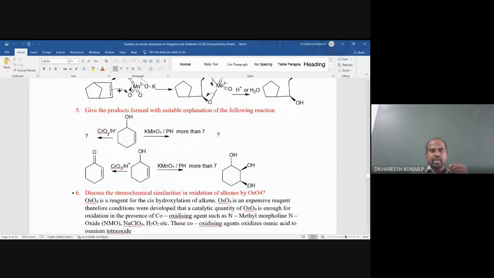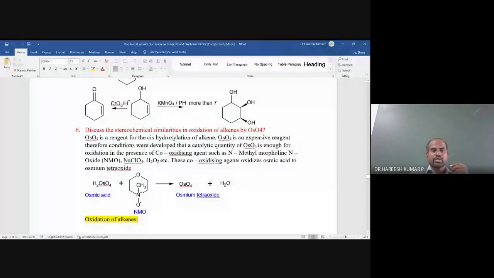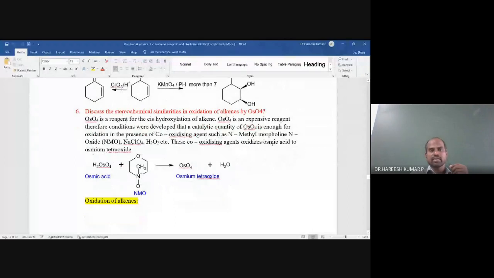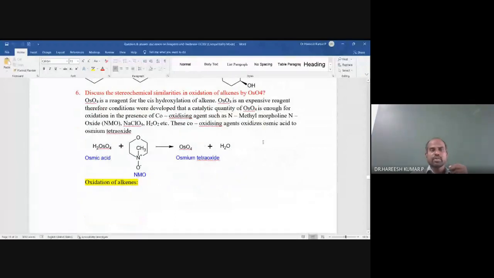Then osmium tetroxide, more particularly stereochemistry. Discuss the stereochemical similarities in oxidation of alkenes by osmium tetroxide. I think you are aware that osmium tetroxide is a costly reagent, but it can be used in a catalytic amount in presence of co-oxidizing agents such as N-methyl morpholine.